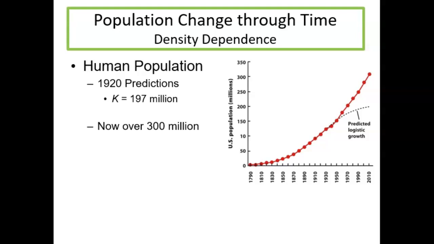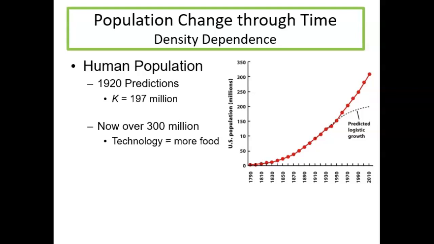So we have to ask the question, well, why? Why is it, if the estimated carrying capacity was around 200 million, that we have been able to exceed that carrying capacity and continue to have pretty dramatic growth of our population, even though it was estimated that there wouldn't be enough resources to support that many people? Well, there's a few different reasons. One is, technologically, we got a lot better at stuff. We got a lot better, for example, at agriculture.